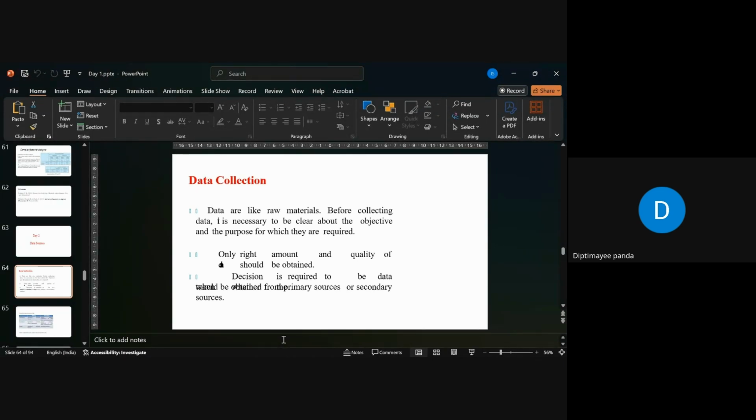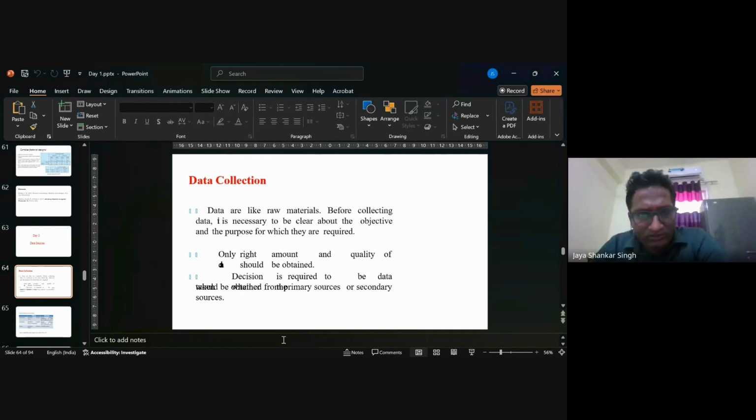Correct, correct. So data is always raw. The statistical tool, the way I'm processing the data, and the information which I'm getting for different decision making, then the data becomes useful. And the second paragraph talks about how only the right amount of data and quality of data should be obtained.